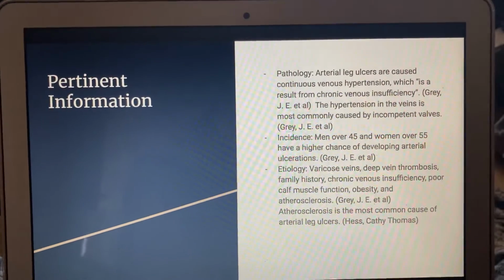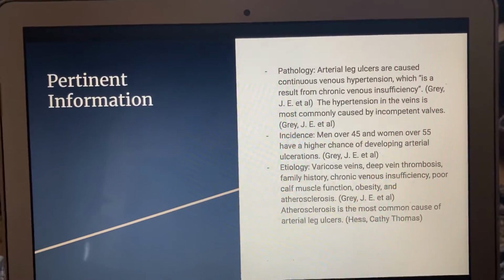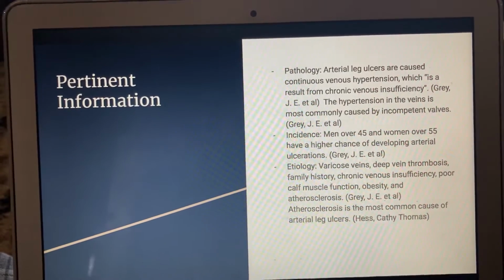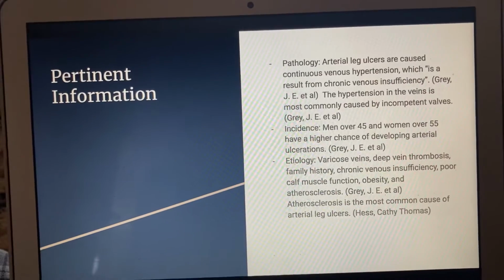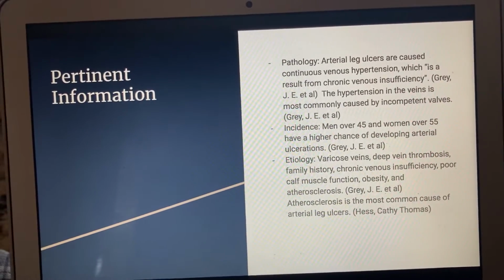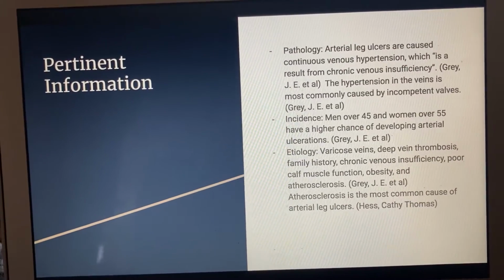The hypertension in the veins is most commonly caused by incompetent valves. So the veins just aren't getting the oxygen and nutrients they need due to poor blood flow, or the valves in the vessels are just not working properly.